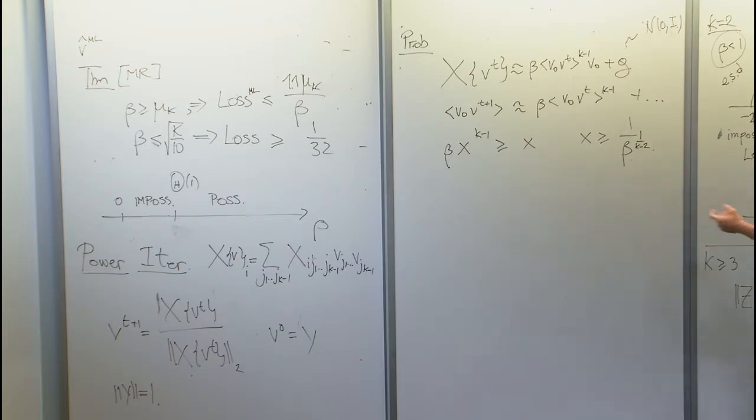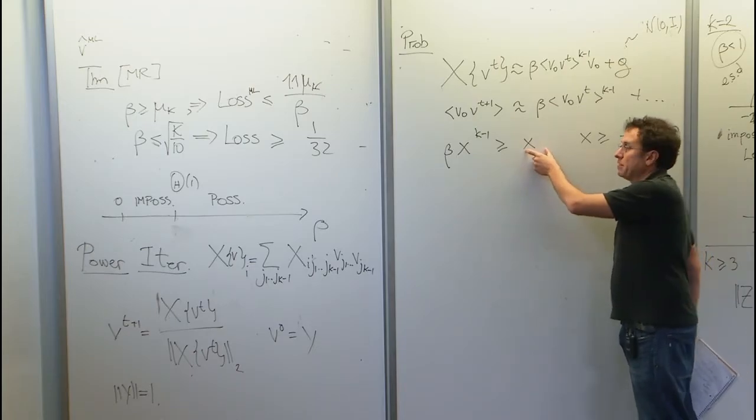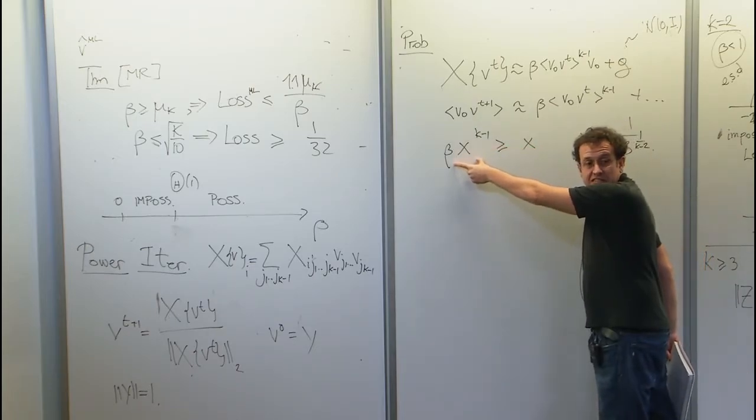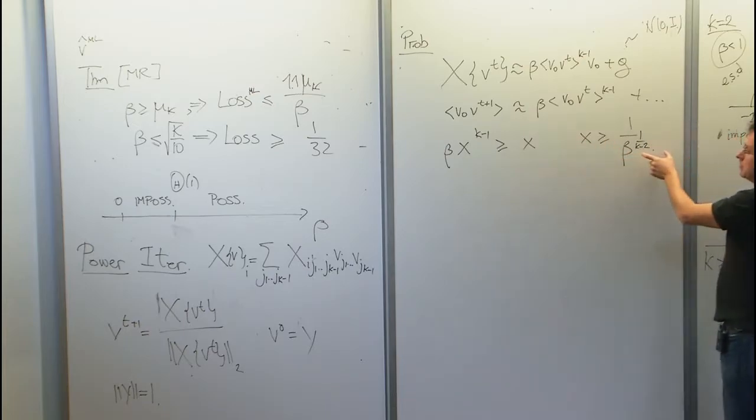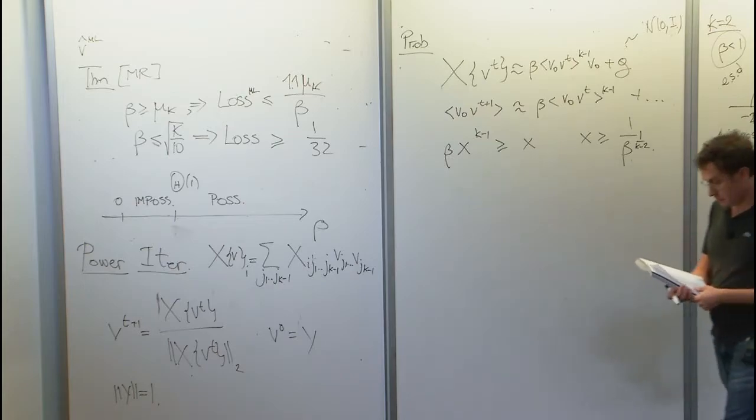So this is the value, how much progress I'm making at iteration t, and the progress at the next iteration is this. To make any progress, you want this. And in fact, we have a theorem.